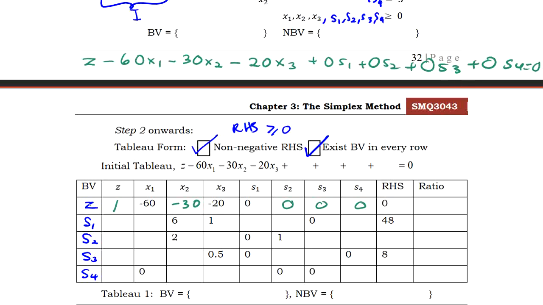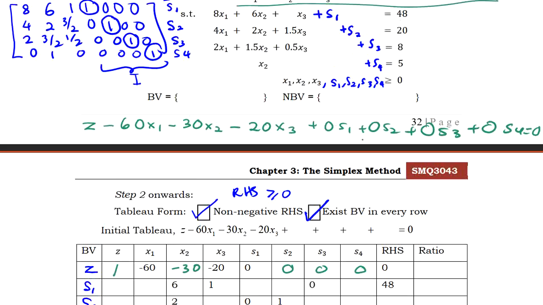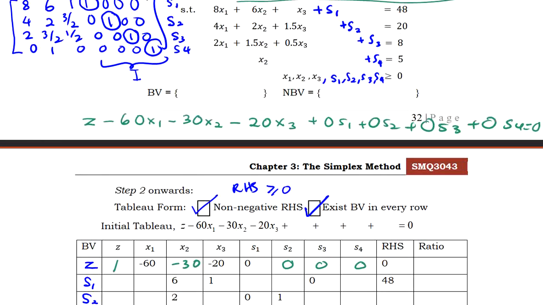For row 1, we look at the constraint. The coefficient is 8 for column x1.